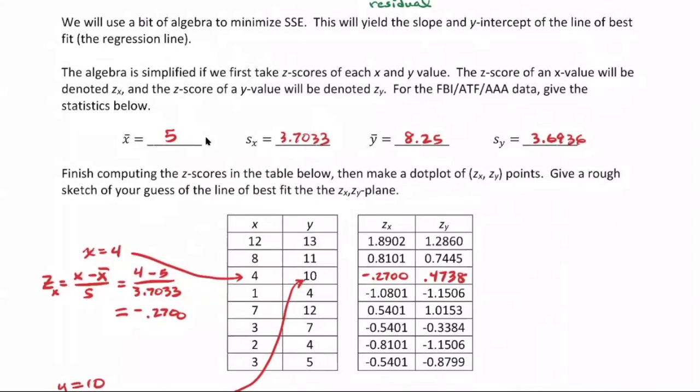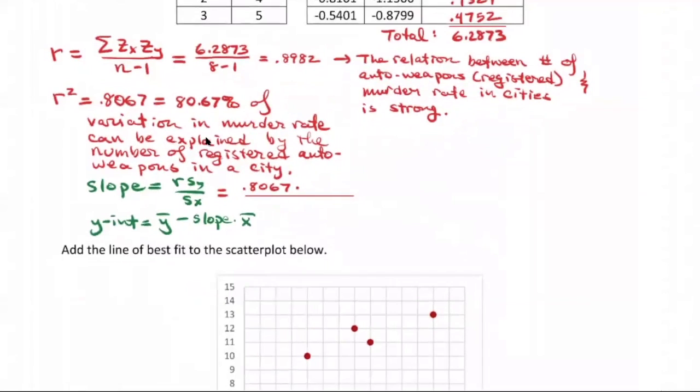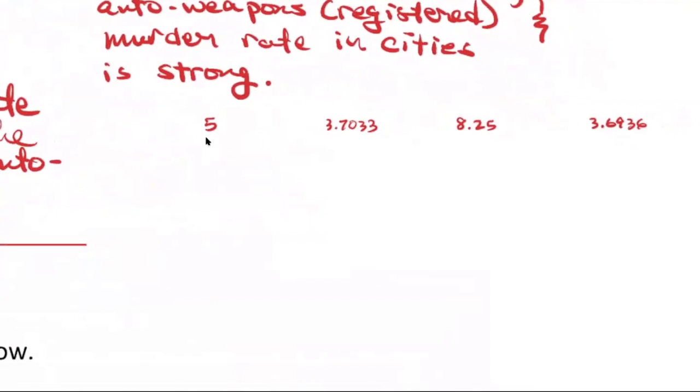Okay, so I'm just going to copy all these actually, because we're going to need all of them. Here. Okay, so these were X bar, SX, Y bar, and SY from before.